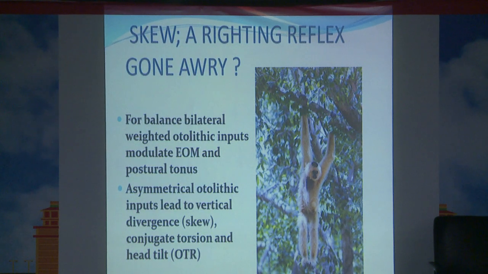You'll find a monkey hitting a tiger also, if you have seen some videos, and going from one tree to another. For this you require very good visual acuity, a very good cerebellum, and very good proprioception and coordination. So once this balance is gone, if the input is asymmetrical, then you will have a skew.